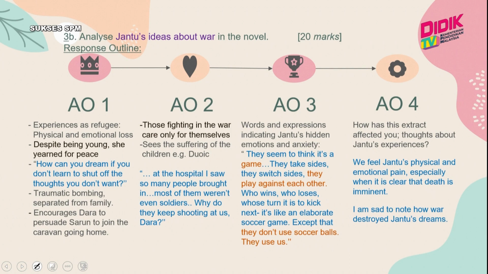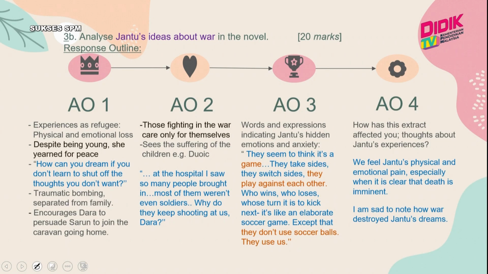What is the AO1 that's relevant to this question? What is the AO2, the underlying meaning? When she says there, those that are fighting in the war only care about themselves. The children who are caught in the war, they are defenseless and they are suffering with no protection. What about AO3?